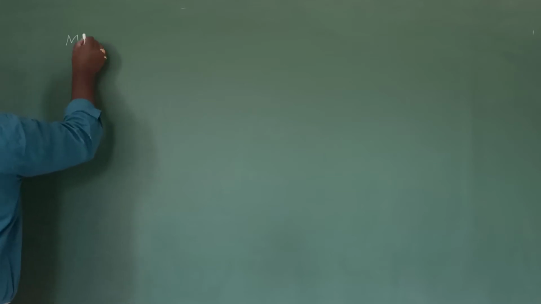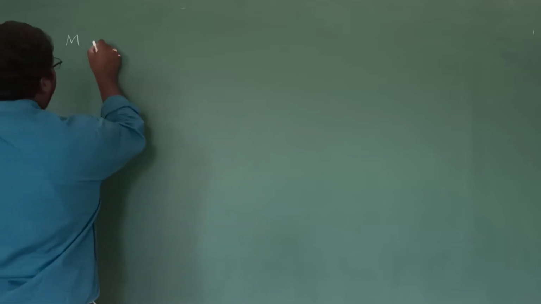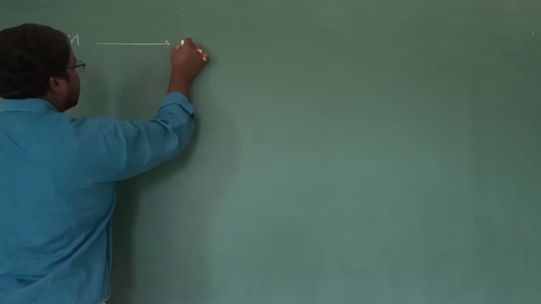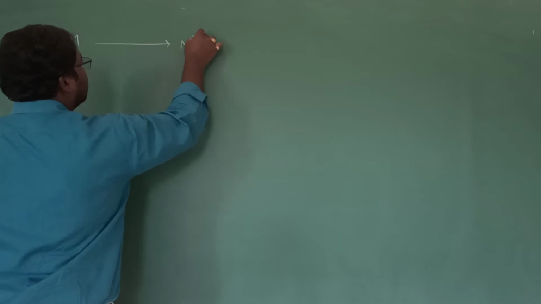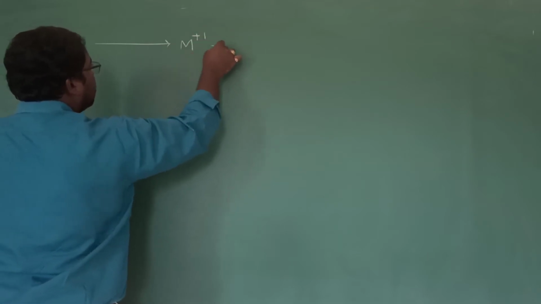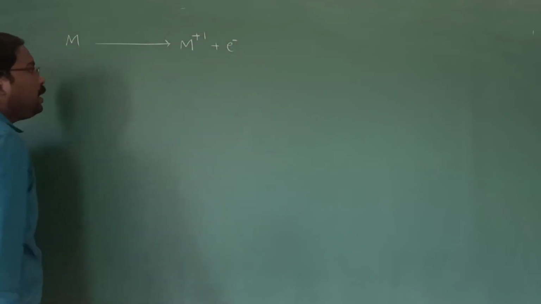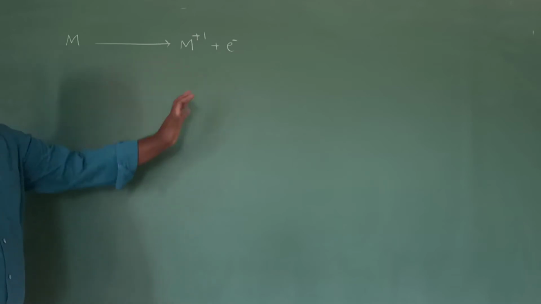As an example, the ionization energy I am going to represent like this. For example, I have taken an element M. When we remove an electron from this, what will be its charge? The charge of M will become +1 because one electron was removed.